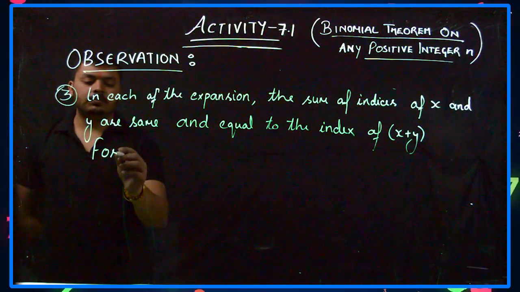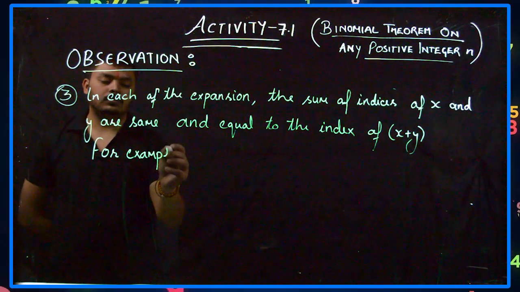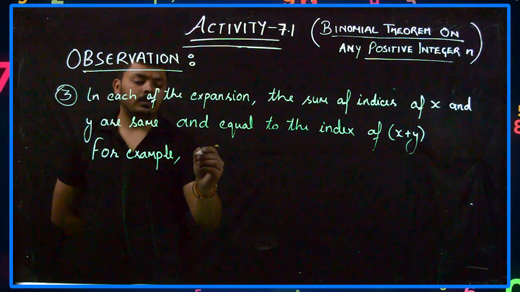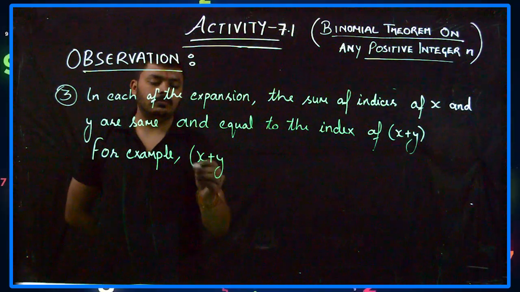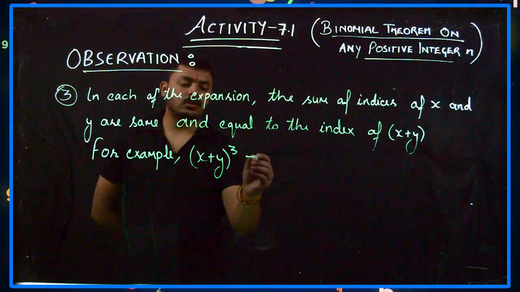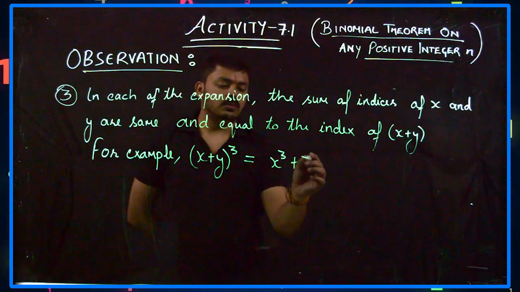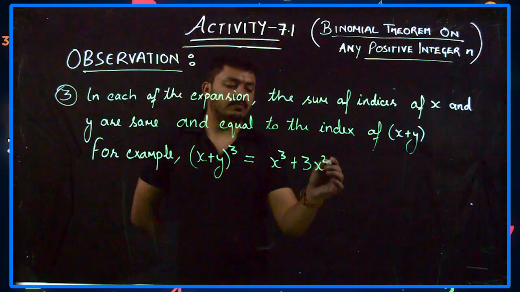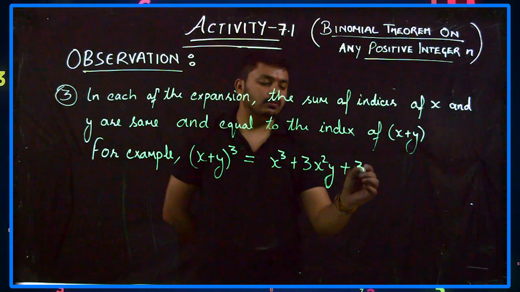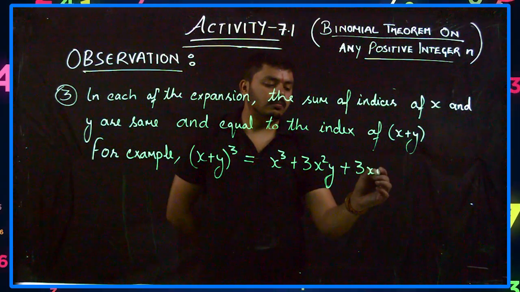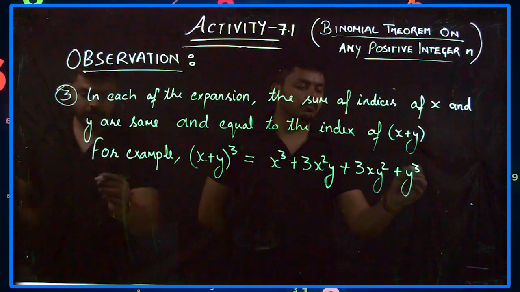For example, x plus y whole cube is equal to x cube plus 3x square y plus 3xy square plus y cube.